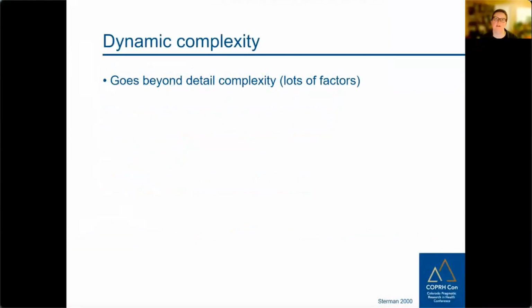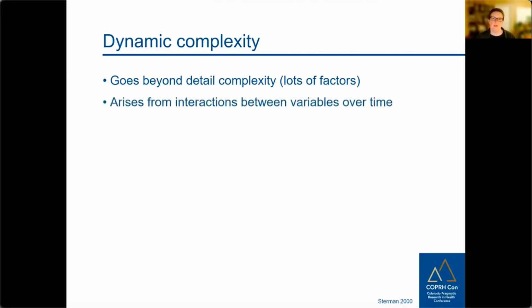First, I'd like to start with a recognition of dynamic complexities. This is different from detail complexity, which just means that a lot of different factors are involved. With dynamic complexity, it's recognizing that complexity arises from the interaction between variables over time.